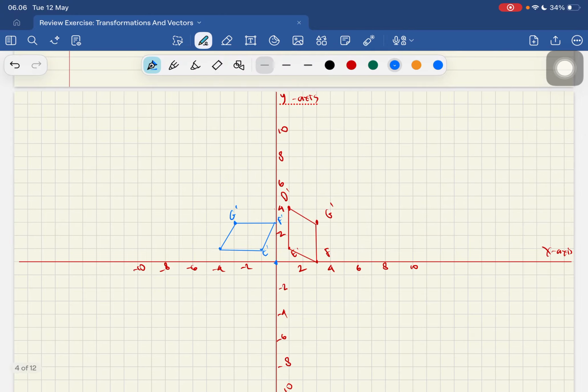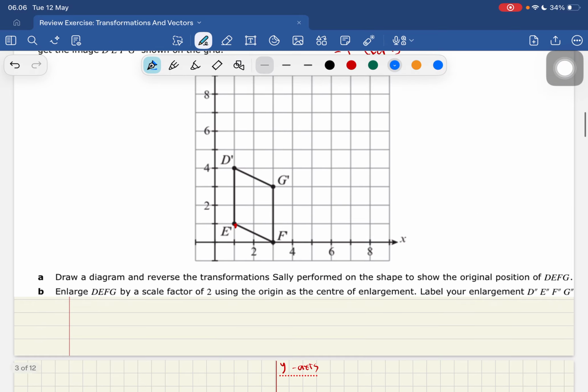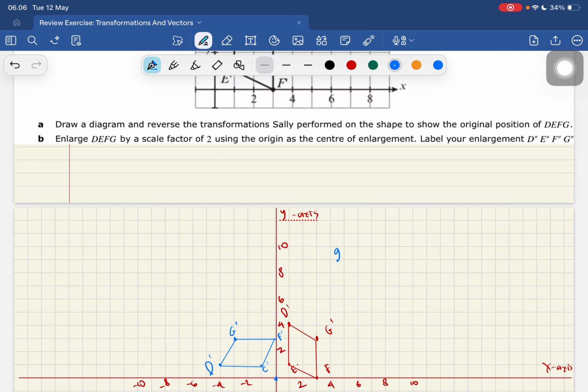Okay. So let us write first. We make it a 90-degree anti-clockwise rotation about the origin.